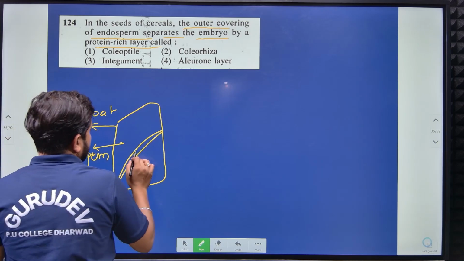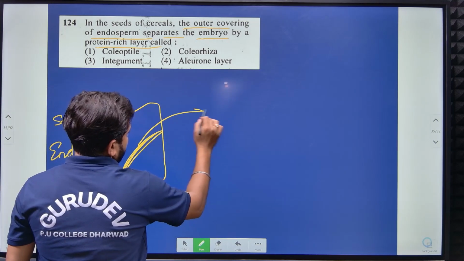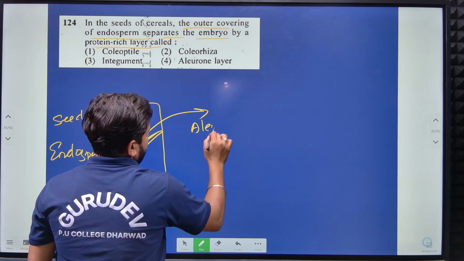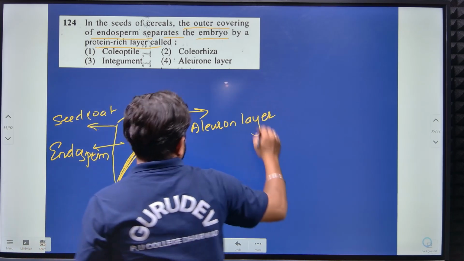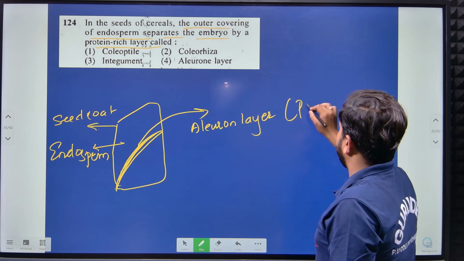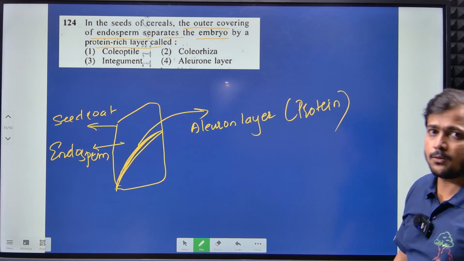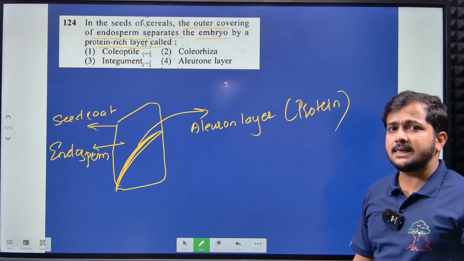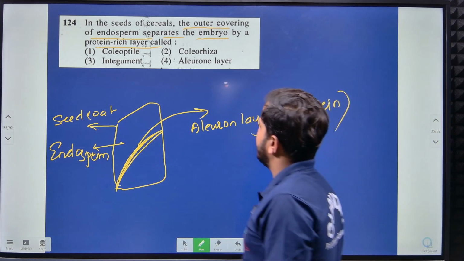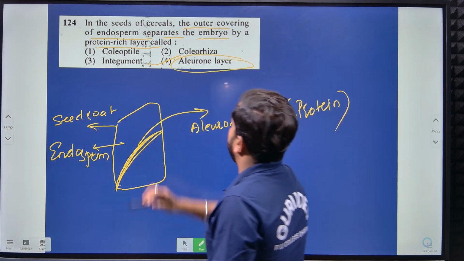That separation can be seen with this specific layer, and we call this the aleurone layer, right? This aleurone layer itself is a proteinous layer, or a protein rich layer. Such kind of questions we have already discussed even in the mock test, right? So option 4 is correct here.